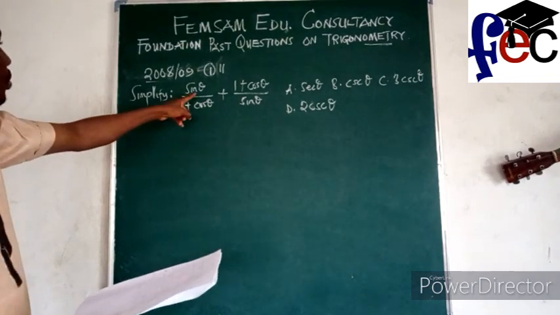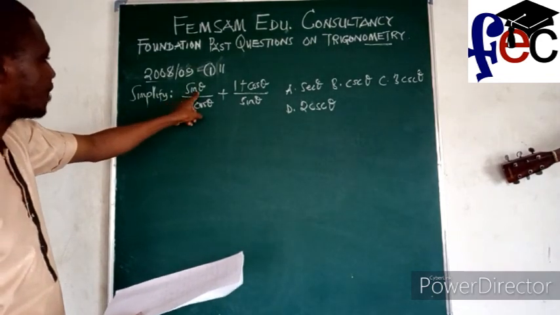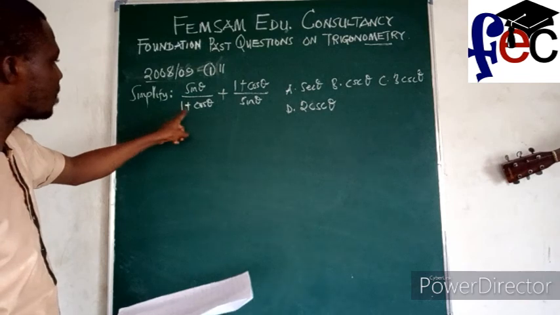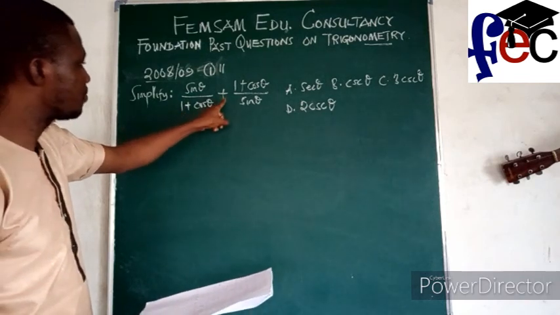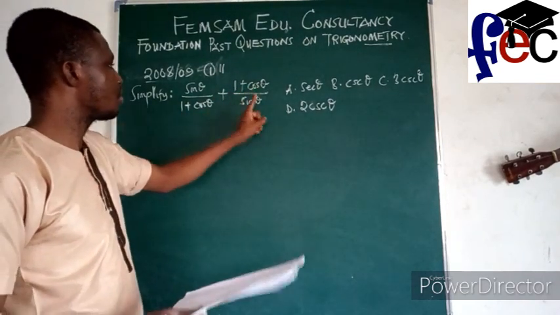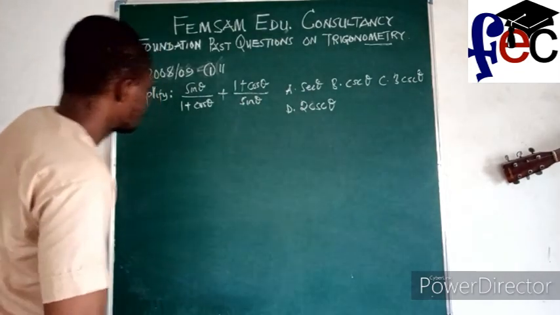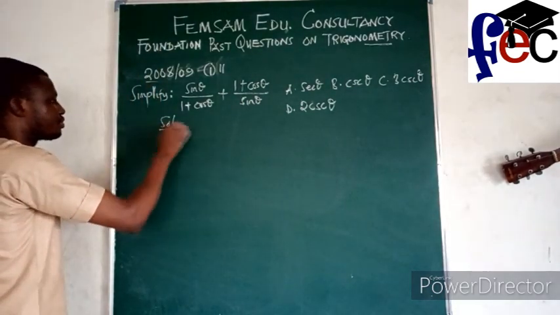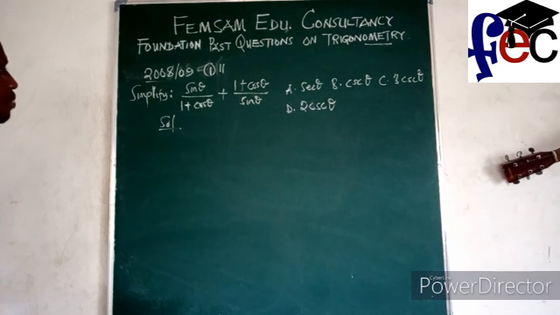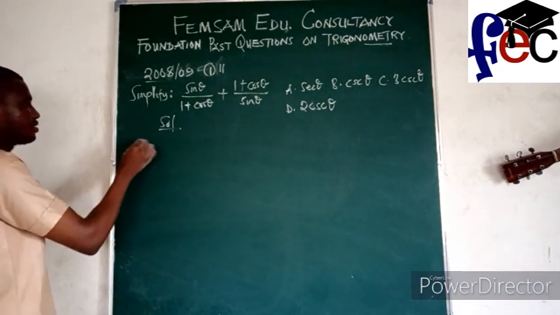We are to simplify sine theta over 1 plus cos theta plus 1 plus cos theta over sine theta. Solution: what do we do if we are to simplify this? It's not far-fetched.